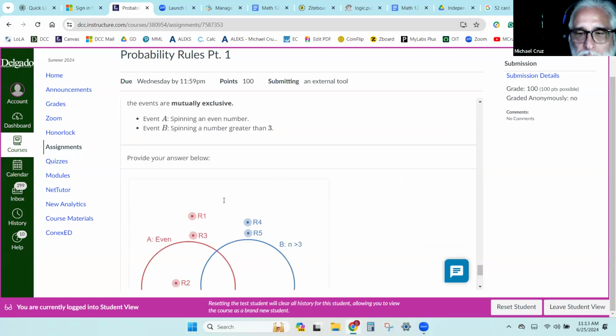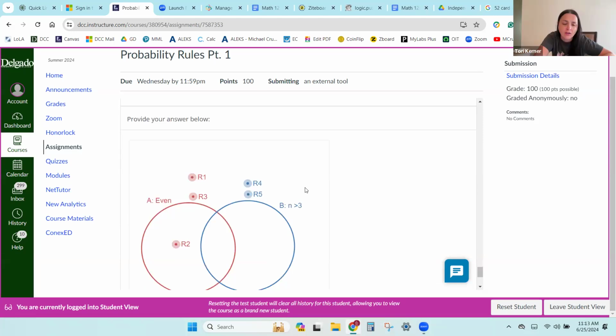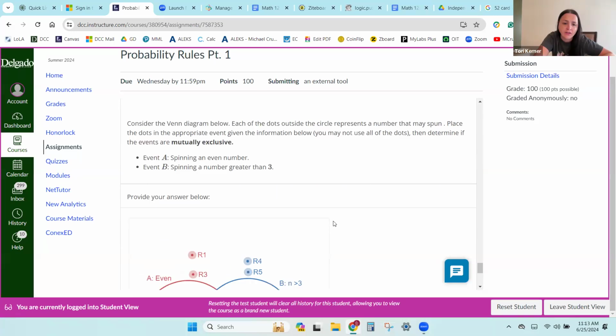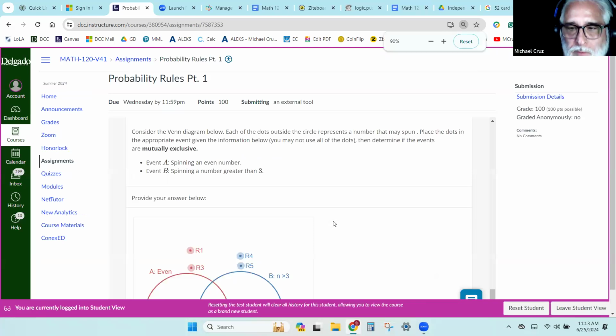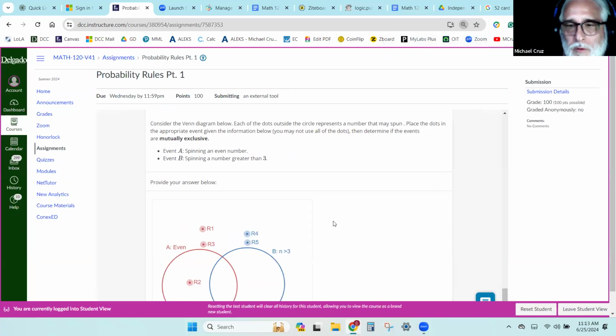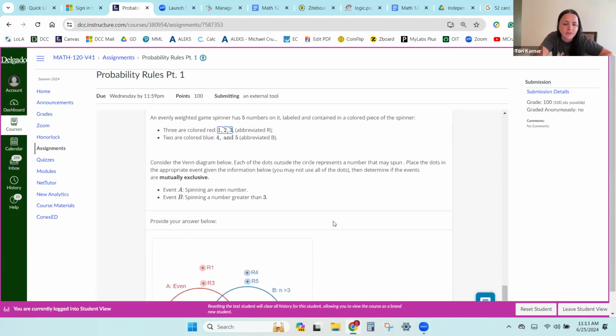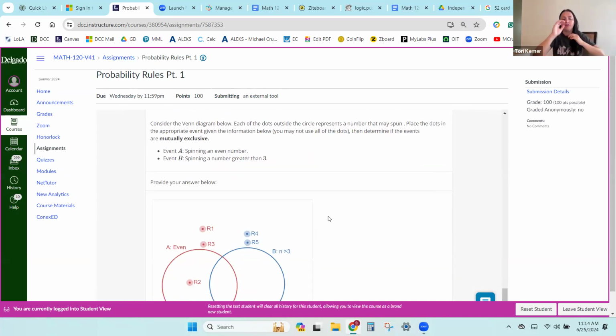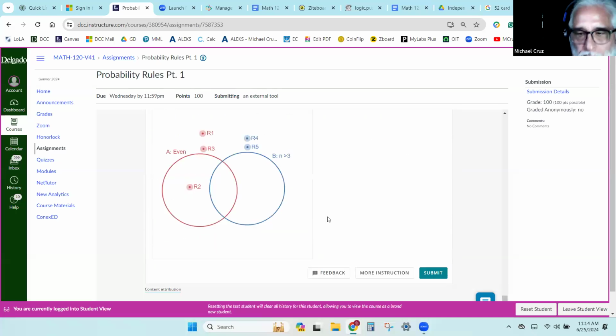I thought it was greater than 3. So 4 and 5 are going to be over here because it's greater than 3, right? But 4 is even as well. Yeah. And then that one goes there, greater than 5? Yeah, it's even. All right.